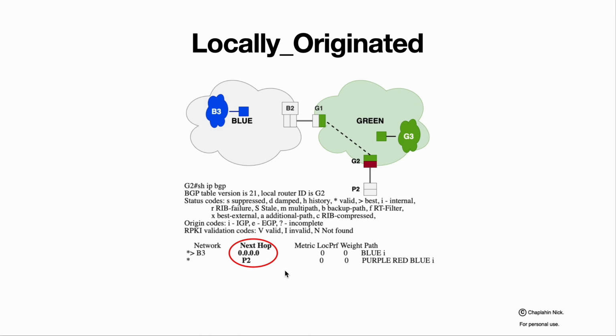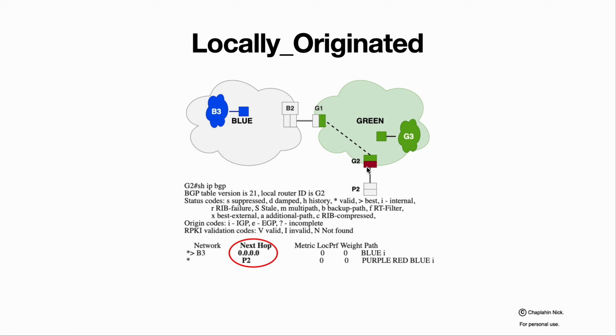Locally originated can be seen in the next hop column, and this is related to exactly one address, 0.0.0.0. Locally originated means that the administrator told the BGP router that this BGP router operates with some specific network, and it is usually, mostly recommended that those are internal networks.